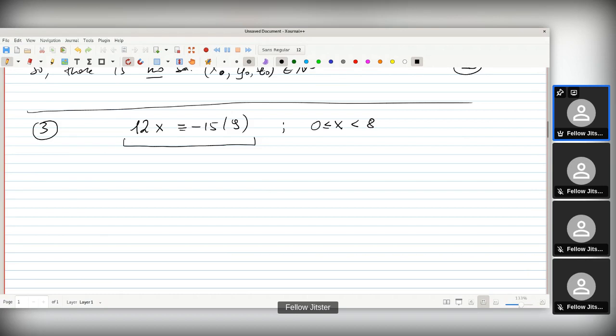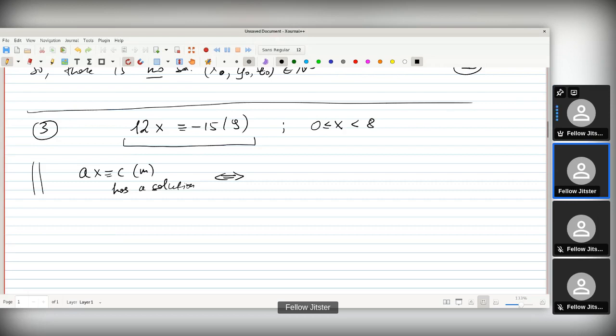First of all, let us recall some theory. When such a congruence, in principle, has a solution, do you remember this theory? When A and M are coprime? Not necessarily so.